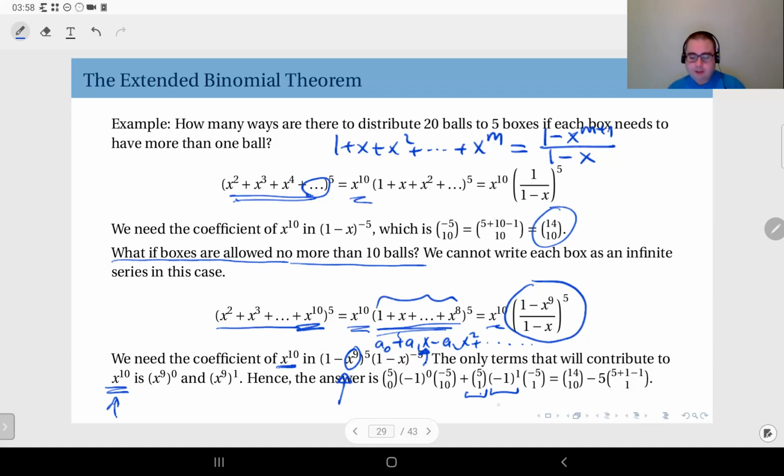And if you apply the definition of the extended binomial coefficient here again and arrange the terms, for instance, 5 choose 0 is 1, minus 1 to power 0 is also 1. So what this expression equals is 14 choose 10 minus 5 times 5 choose 1.